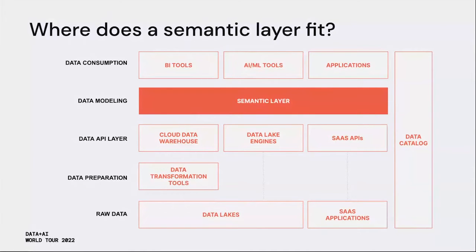You have your data scientists who are using Jupyter notebooks or AutoML platforms. And you have your application developers who are typically using code to query databases to build their data and analytics into their applications. So it's really important for a semantic layer to be able to address those three different personas.